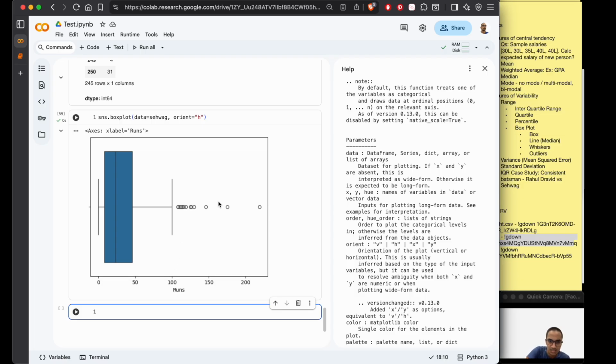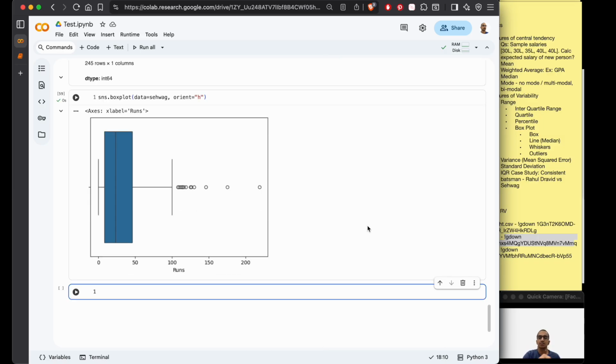Beyond that, you see all these, there are outliers. So in some matches he hit like 250 or like 200 values, some 150 runs and something like that. So pretty extreme behavior. So that's quickly how you can see the IQR here, right?